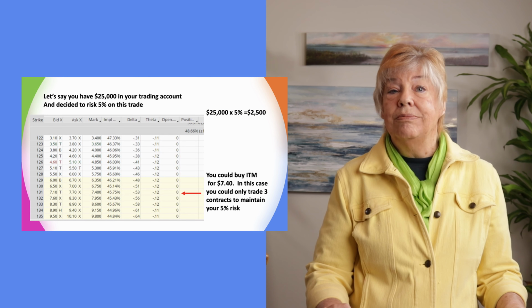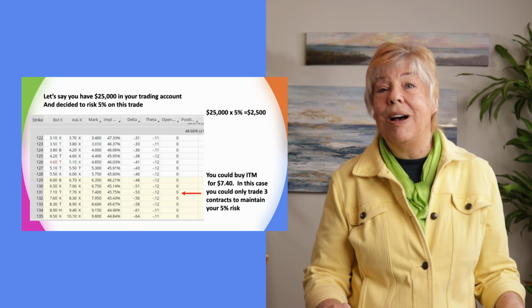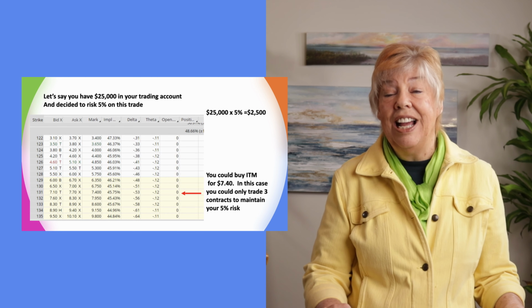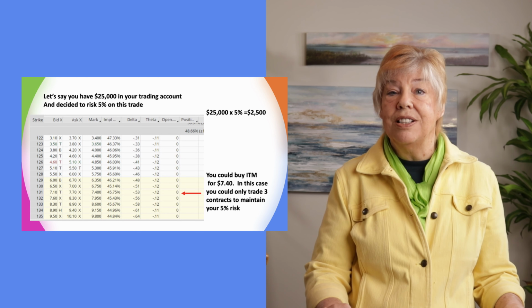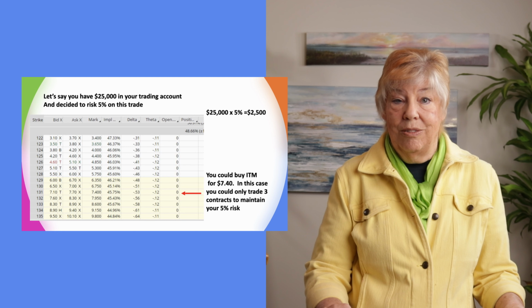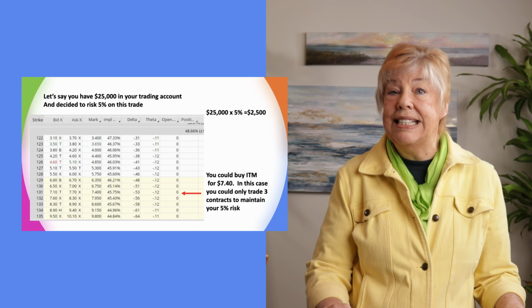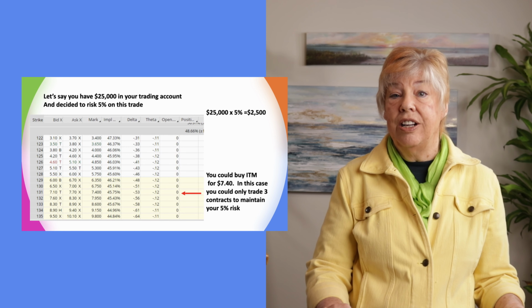Same scenario, but this time you decide to buy in the money at a higher delta, and I want to show you the difference. Same $2,500 of risk. You buy it at where I've got the arrow there, you pay $7.40 a share.